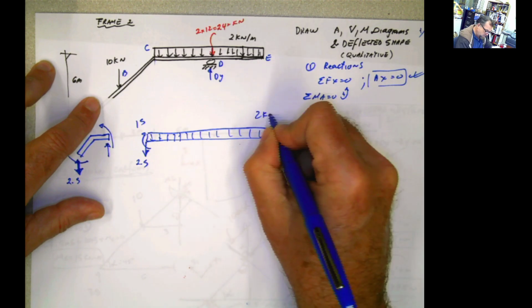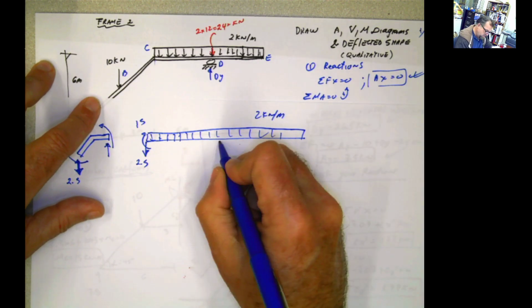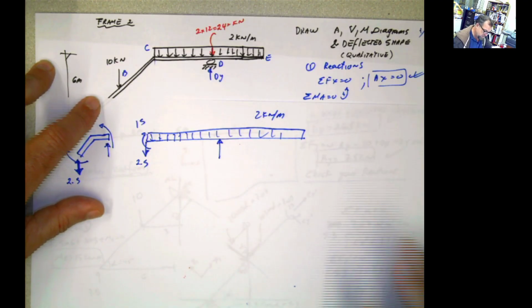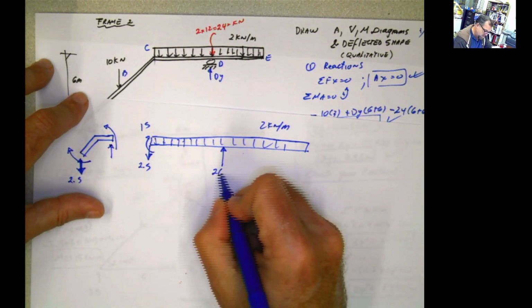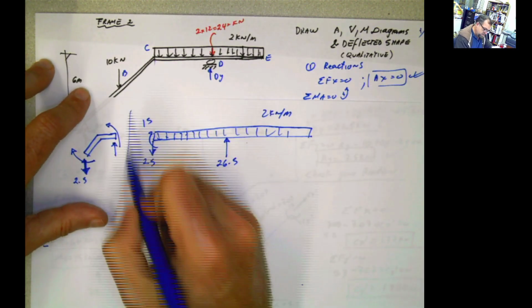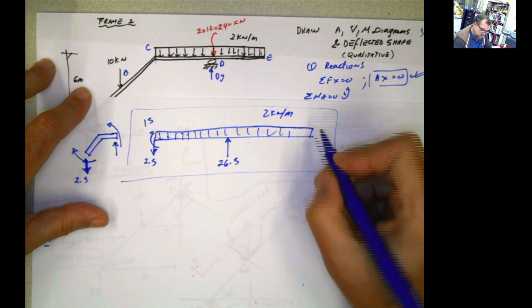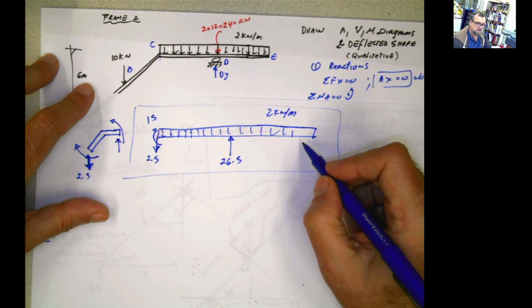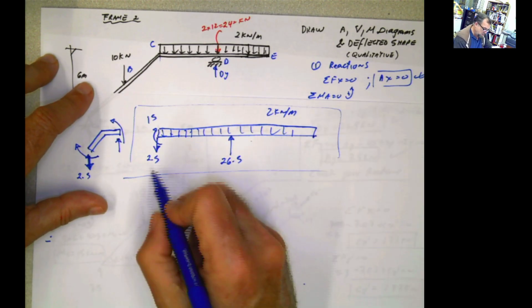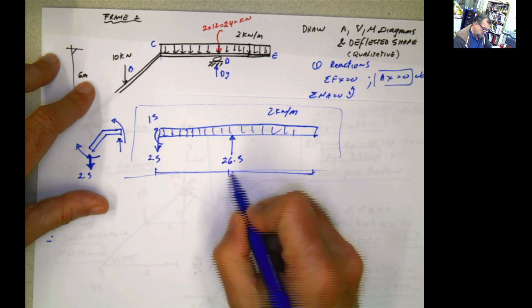Two kilonewton per meter. And then you have the force here, the reaction. And that reaction is dy 26.5, and that's about it, because this is a cantilever end. The summation of everything has to be 0 here, otherwise I don't know what we are doing. And you can check it.